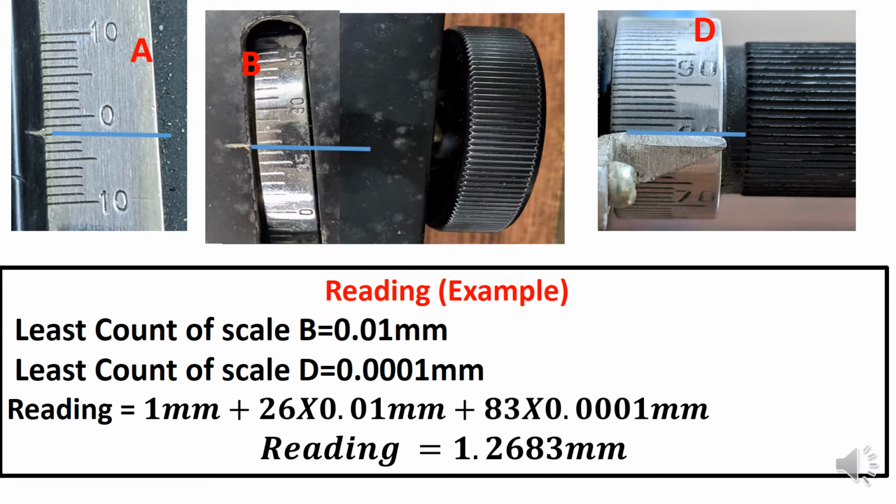Further, this is an example that we have noted down. You can see here the first scale A. The blue line I have indicated is between 1 and 2. 2 is not complete, so whatever is complete, that we will note down.